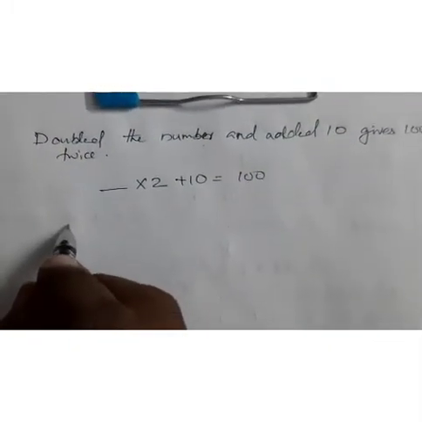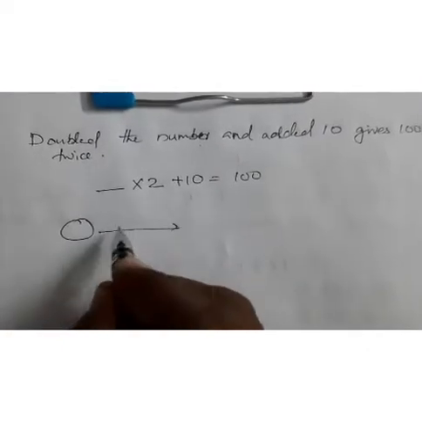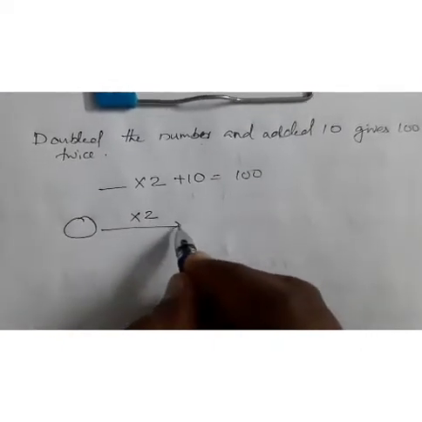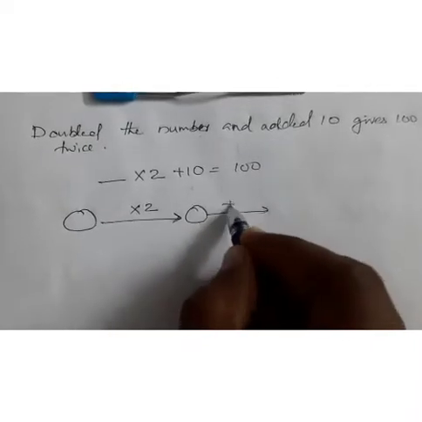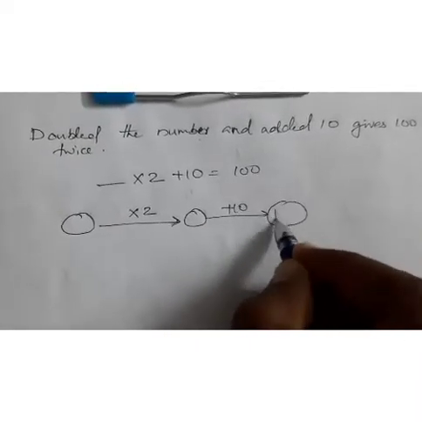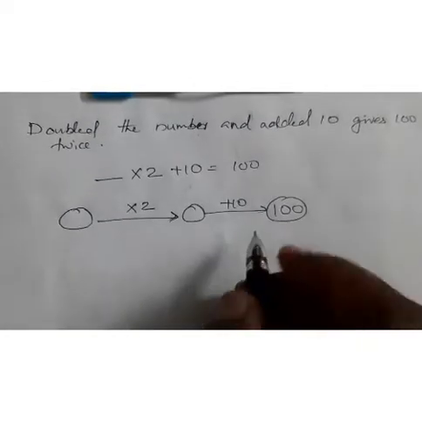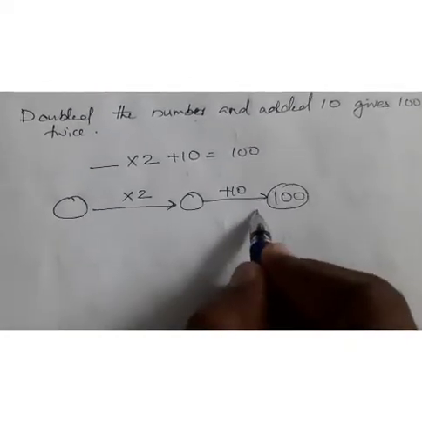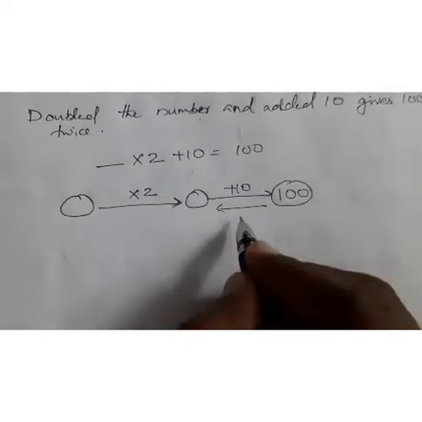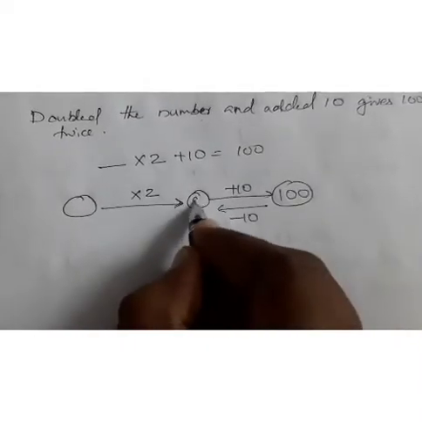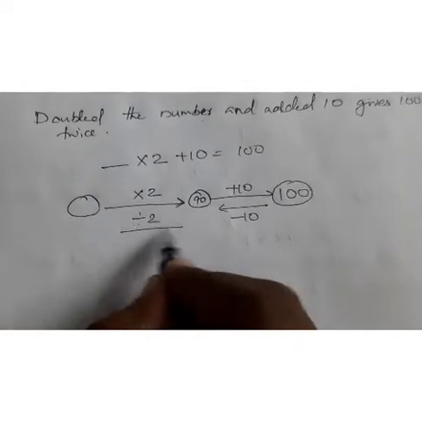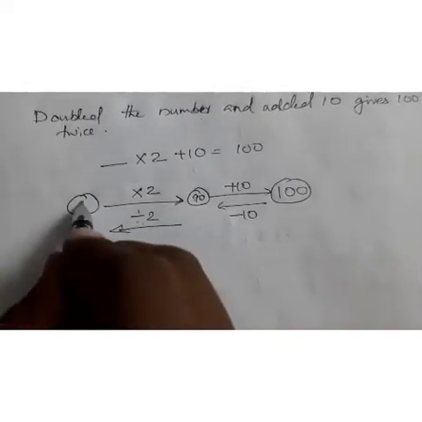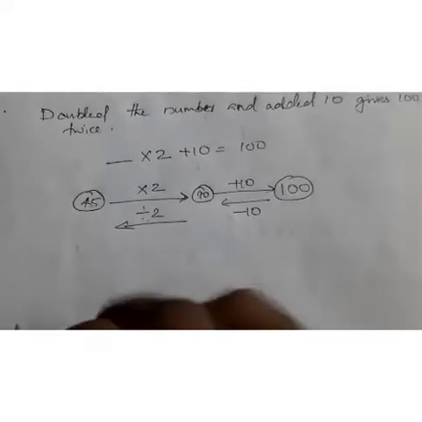So a particular number is multiplied by 2, then 10 is added to get 100. So for the inversion, reverse. 100 minus 10 is 90. Then 90 by 2 is 45.